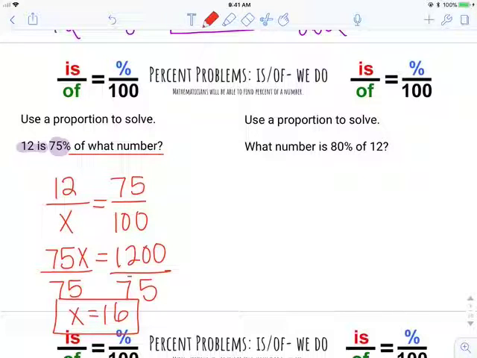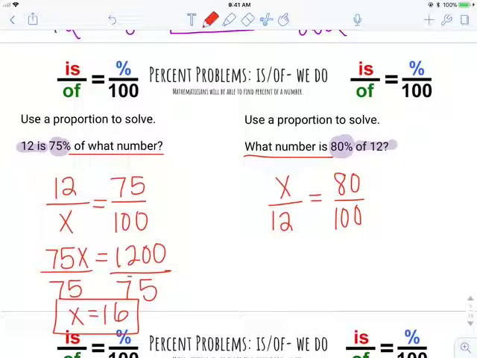In the next one, I have what number is, and then it tells me my percent, and it tells me my of number. So my is my x, my of is 12. I put 80 over 100. Hopefully you're starting to see the patterns here. 100 times x when I cross multiply, and 12 times 80.